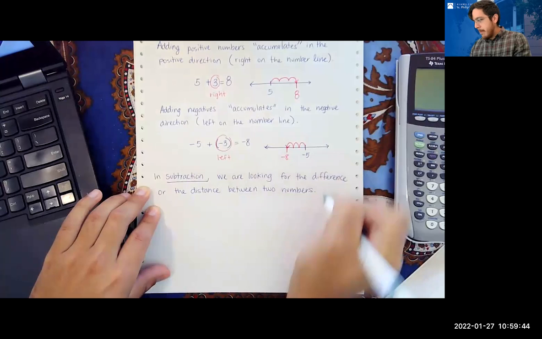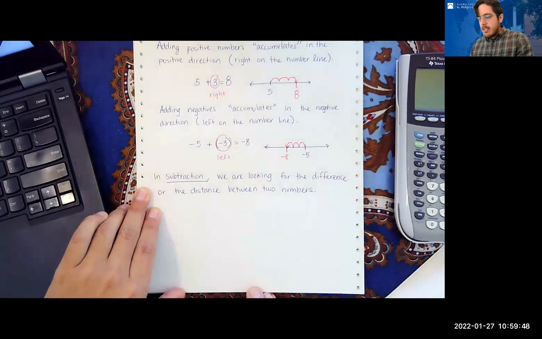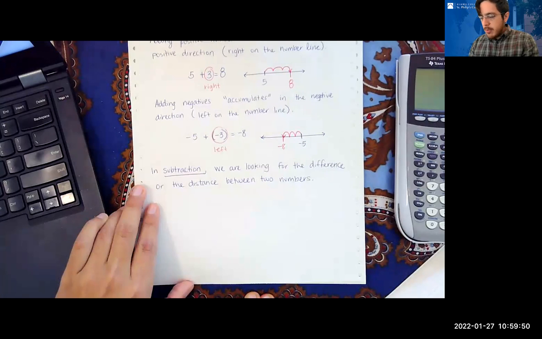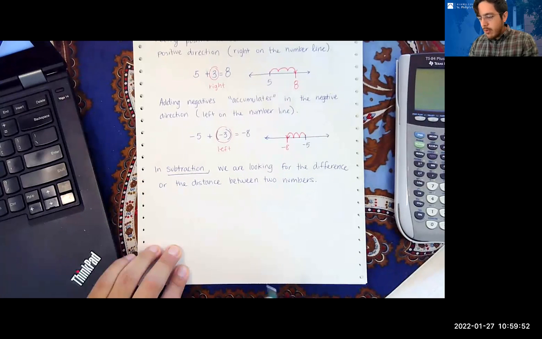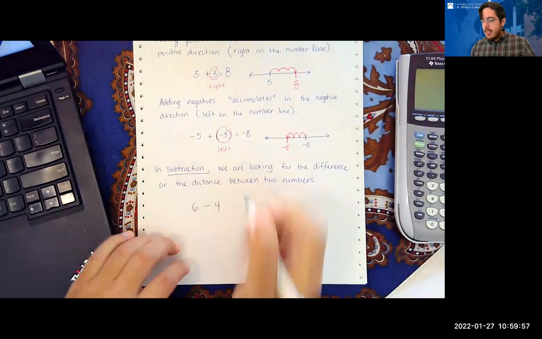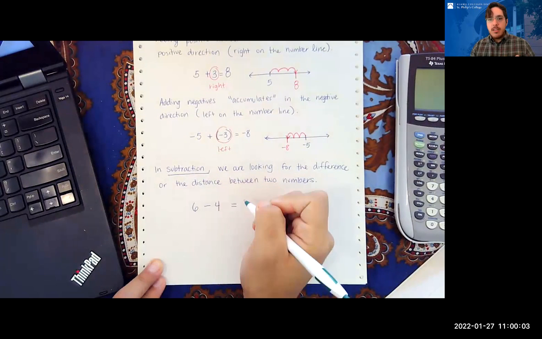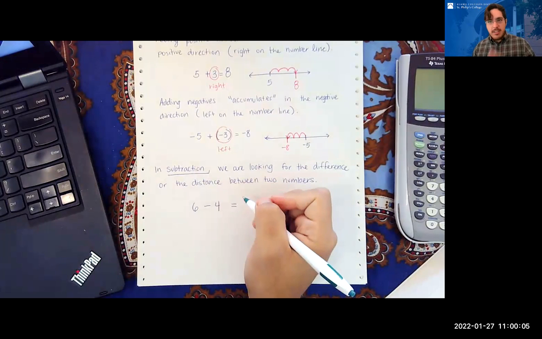Okay. So if I have a problem like 6 minus 4, we need to be able to interpret that on the number line. And we should probably know already that 6 minus 4 is 2. Is everybody okay with that?